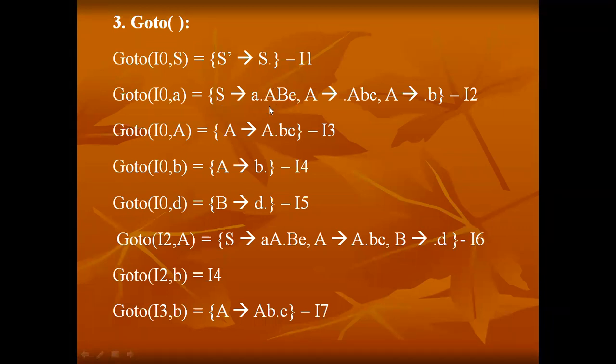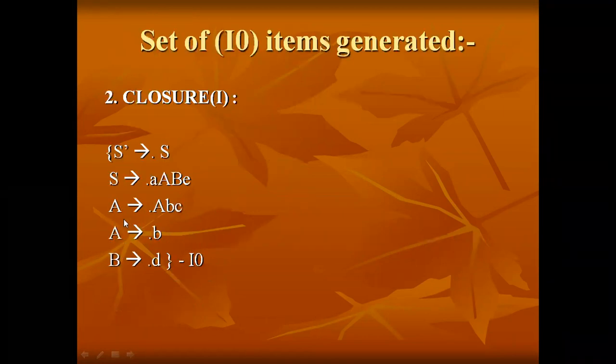If we have a non-terminal after the dot after processing, then you need to write the corresponding production rules for that non-terminal from the I naught. What it means is, here after the dot I have a non-terminal A, right? And see in I naught what the rules of the A are. A tends to dot ABC, A tends to dot B. These are the rules under the variable A, right?